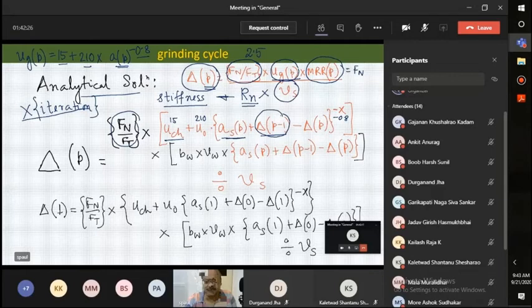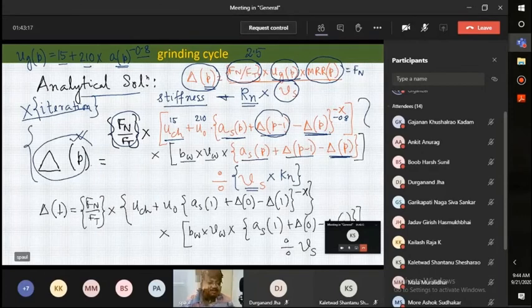This kind of equation, if you can solve it directly in your MATLAB, it can calculate the solution immediately. This is the expression for the first pass, this one, UG. This is the first pass, this will become 0. However, this is not 0. This is what you are trying to calculate, into BW into VW into AS plus this.